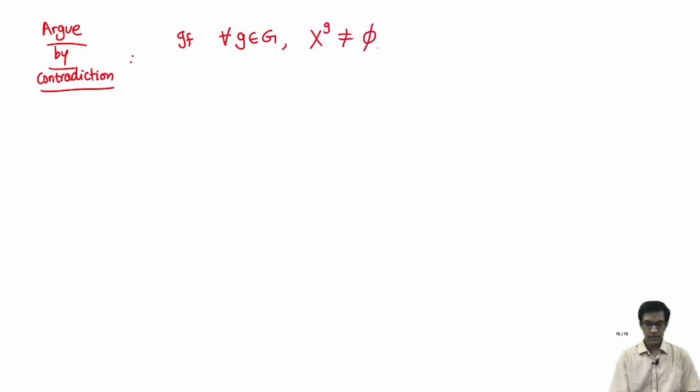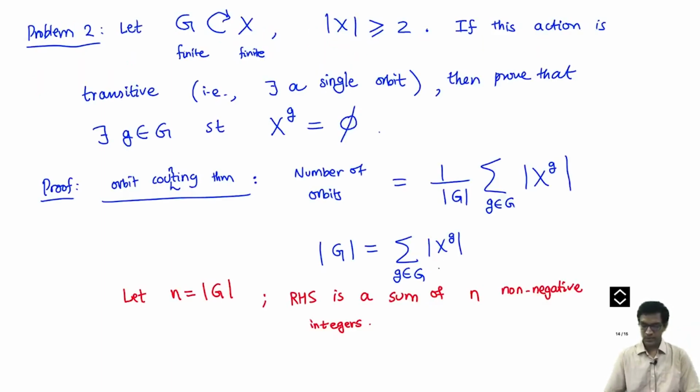So let's argue by contradiction. If for all group elements g in G the fixed point set is non-empty, what does it mean? Then all these summands on the right hand side are each at least 1, because there is at least one fixed point.